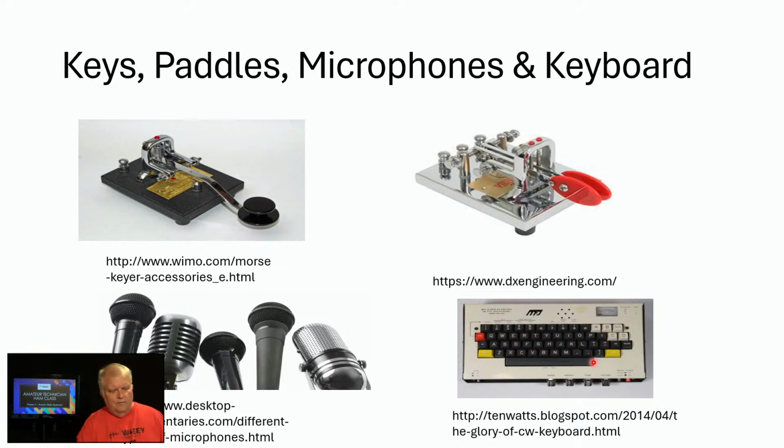There's a bug key up on the top here, microphones for voice applications, even keyboards or keypads for sending Morse code or other transmissions. If you're going to be interested in Morse code, it's no longer required to get your ham radio license, but it's a very popular hobby, or part of the hobby still today.